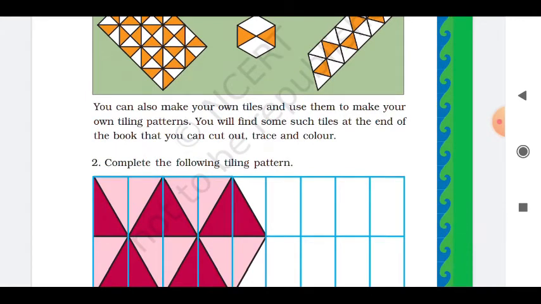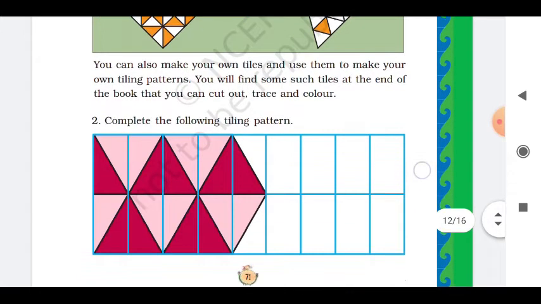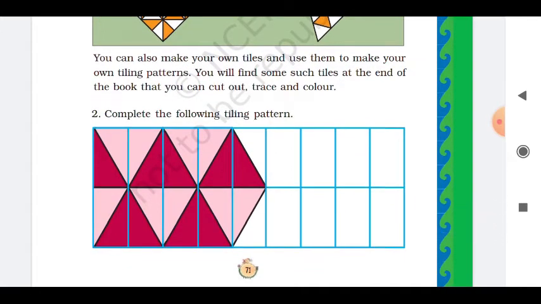If you arrange the tiling pattern, you have to keep in mind that in between there is no gap. The tiles you can cut, and you can color the tiles differently and arrange them.